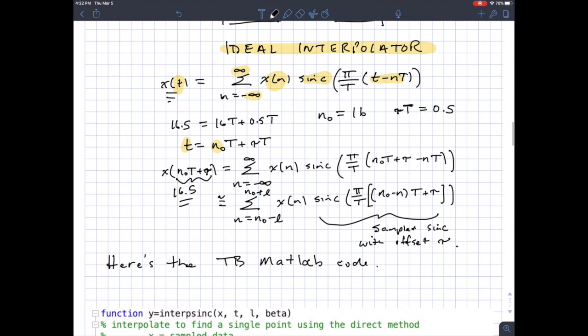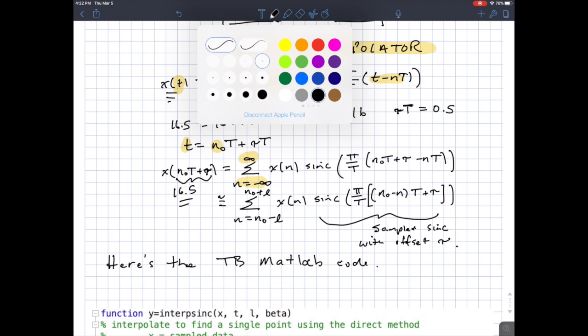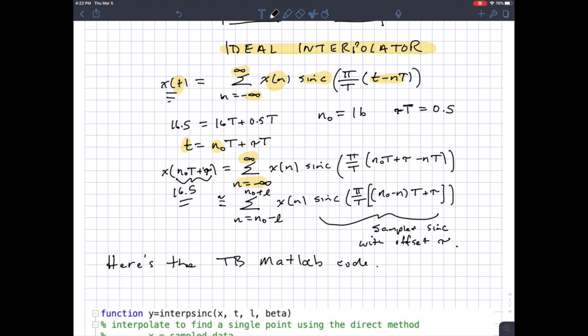What's useful for me to do there is I need to convert these infinite sums to something that I can actually do. And so what I know is that the sinc function falls off over time. And so when I plug in these values, I'm noticing a mistake here. That should have had a T with it, and so should have this. Okay, so that's fixed up correctly.